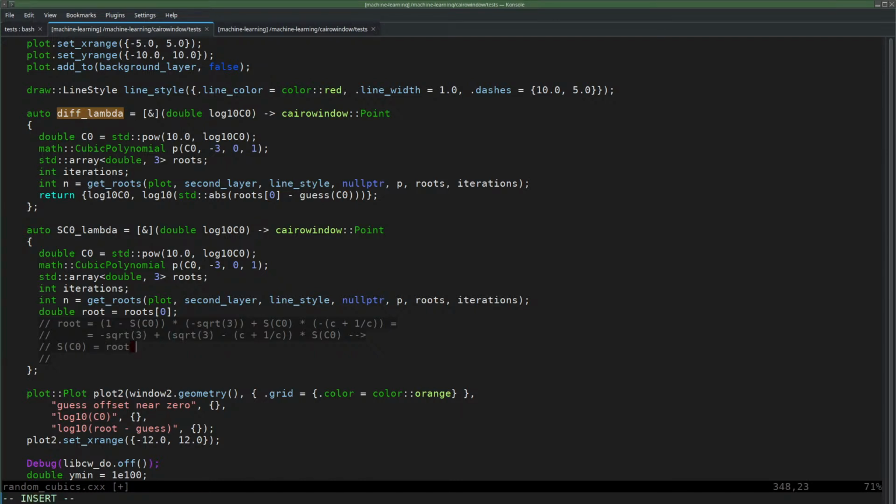Thus, this is the root plus the square root of 3 divided by that. Put the square root up front.